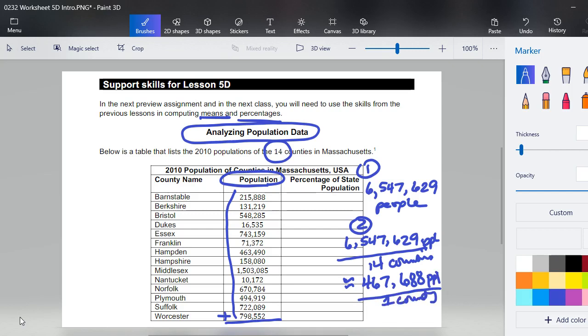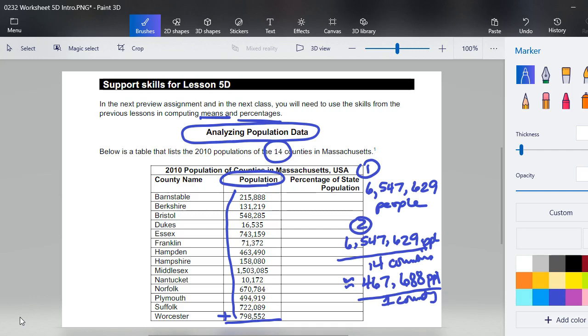Question number 3, do you think the result in question 2 is a useful measure of the typical population of a county in Massachusetts? You could have written down something either way. You could have said yes, because mean average is a typical way to view a set of numbers.